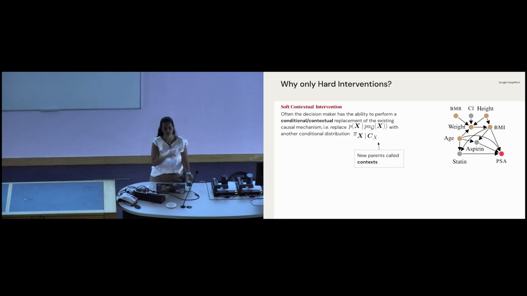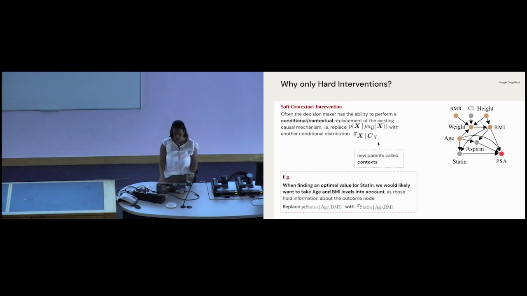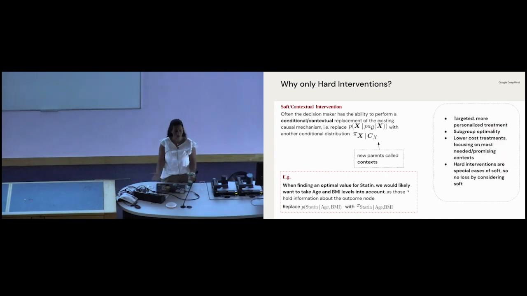So you want to substitute a distribution in the graph with an alternative one. This is what people have called soft interventions, or in BayesOpt they call them contextual, or also use contextual bandits. For example, instead of fixing the value of statin, you want to replace phi of statin given age and BMI with pi of statin given age and BMI, and take these two variables into account. Why do you want to do that?